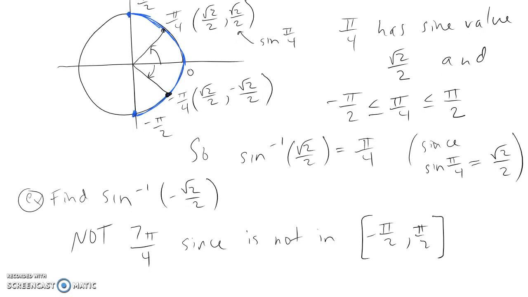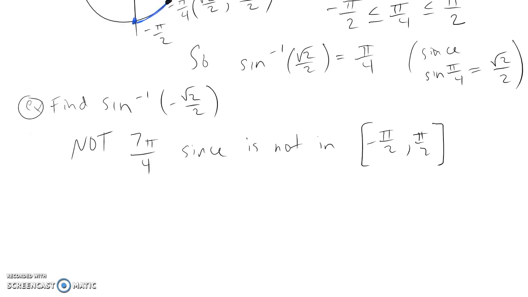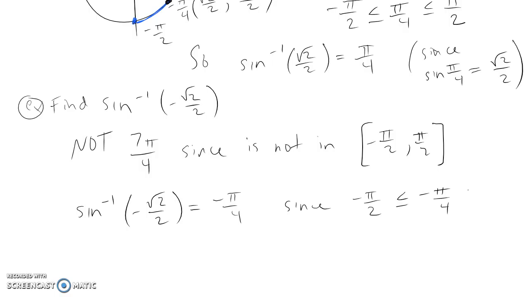That one is in the interval. So we would have to say that sine inverse of negative square root of 2 over 2 is equal to negative pi over 4, since negative pi over 4 is also in between negative pi over 2 and pi over 2.